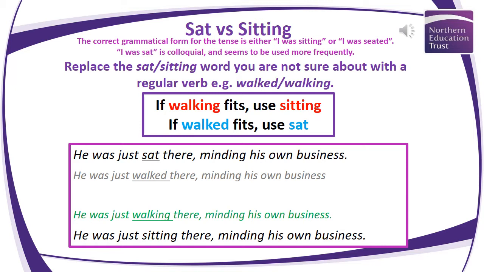So he was just walking there, minding his own business. That fits in grammatically correct. So he was just sitting there, minding his own business. So we know that sitting fits in that particular sentence. So it's a really quick and easy way of doing it. It's just that the students need to be trained to go to a different, more regular verb and then to go back to the sat or sitting.